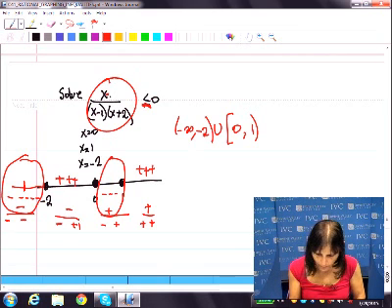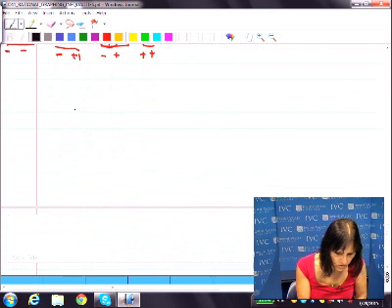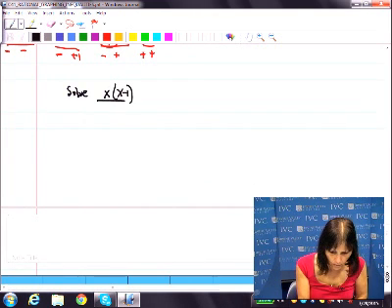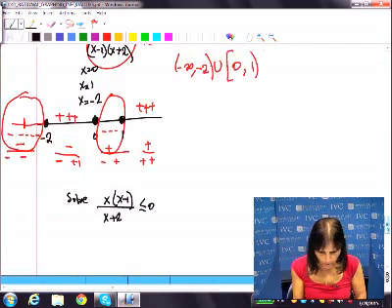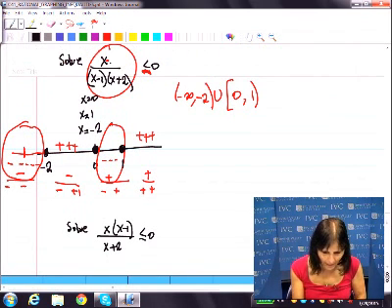Well, what happens when I move things around? Let's say I have this. Solve x times x minus 1 over x plus 2. Where is this negative? Well, let's look at the original equation. What is different? That x minus 1 jumped up, okay?